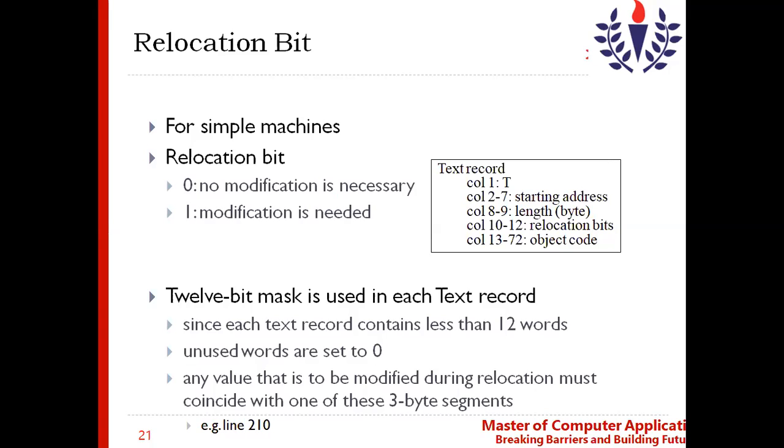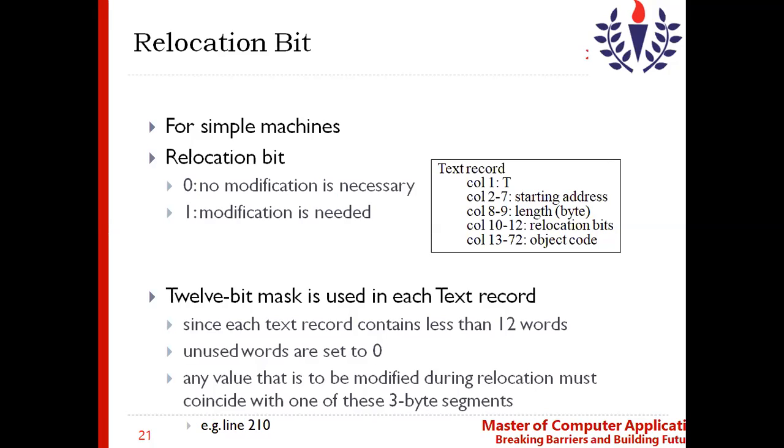But how can we mention the modification or the changes in these bits? For example, if the relocation bit mask represents the modification, suppose there is no modification required for that particular object code, then it will have the value 0. If the bit has the value 1, then the modification is required for that particular bit.